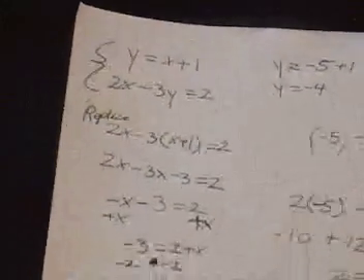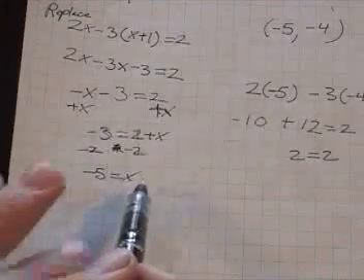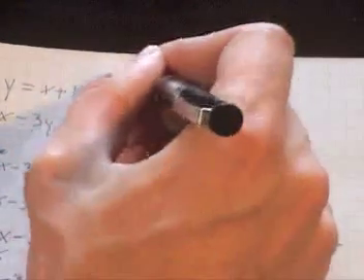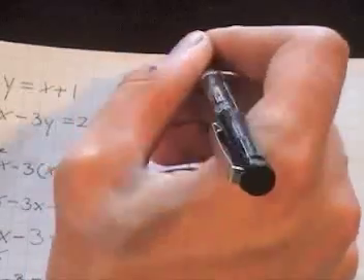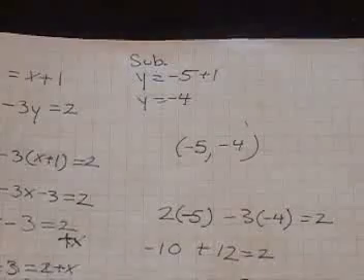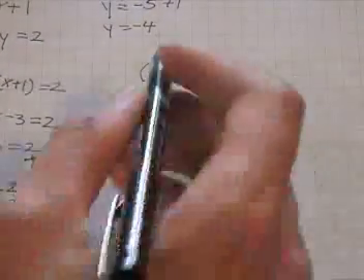Once you do that and you come up with a solution right here, go ahead, substitute it back into one of the equations. When you substitute it back in, you get both of them, you have an ordered pair, and then you'll just check it.